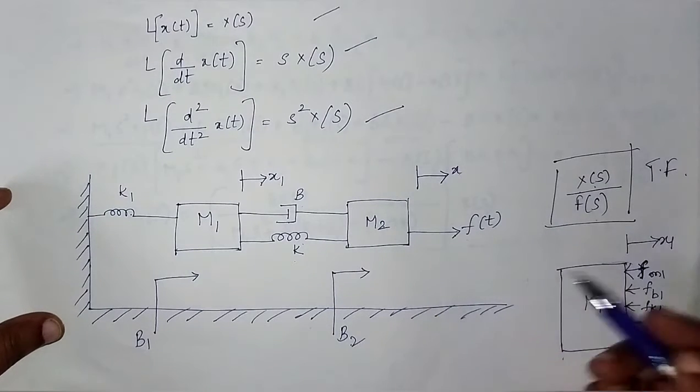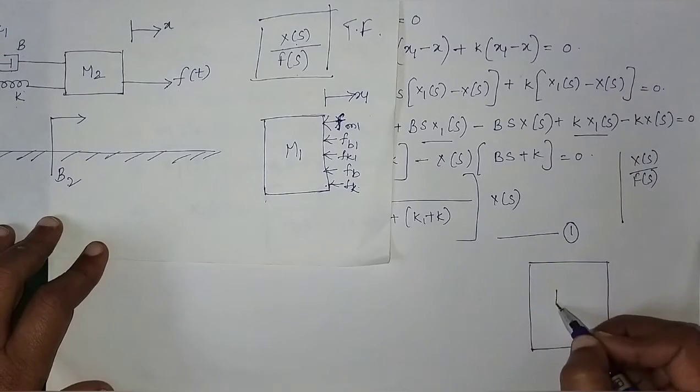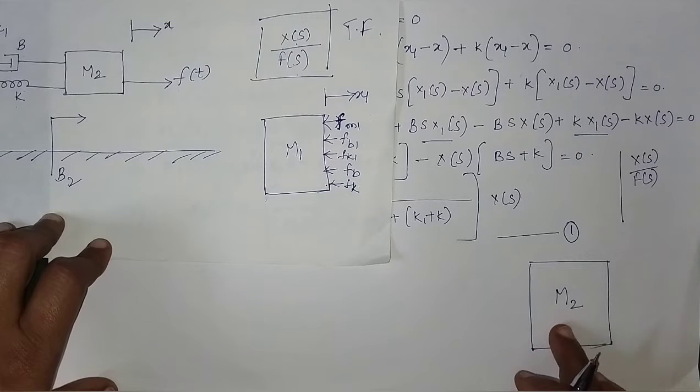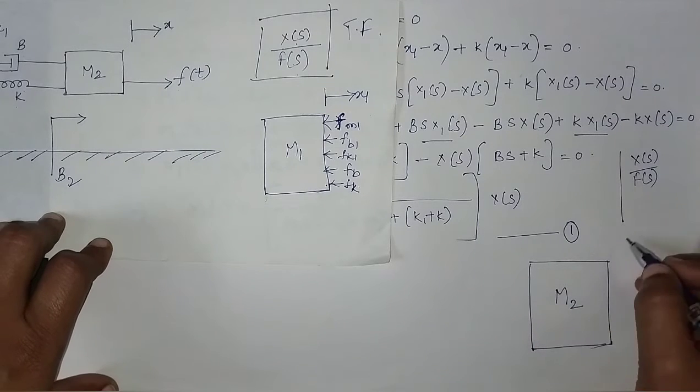Let's draw the free body diagram. Now the free body diagram for node 2, that is mass m2.